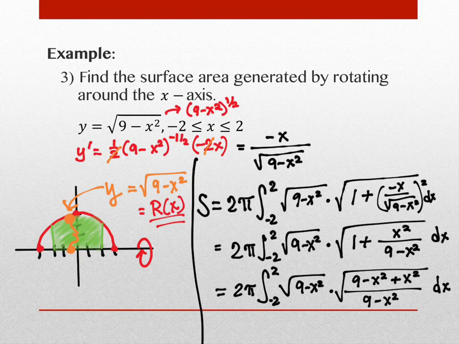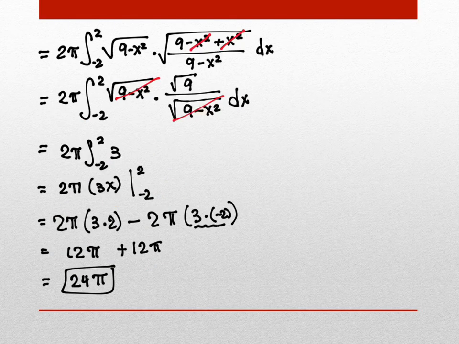What's the radius of the circle? Radius is 3 of this circle, right? So if we did pi r squared, we could actually find the area of the circle. Now, we're finding volume, so this doesn't work exactly, and we're doing it from negative 2 to 2, but this seems to be in the realm of what would make sense. It is supposed to be 24 pi.